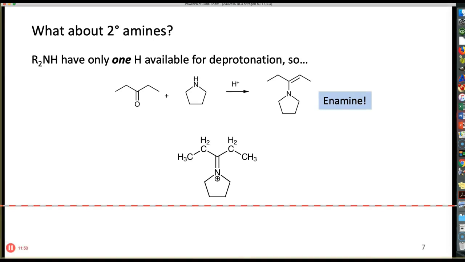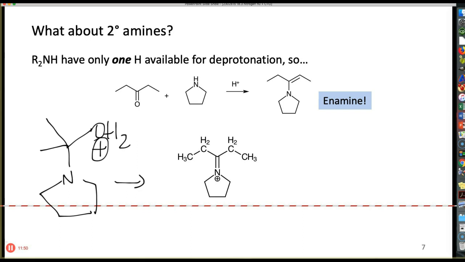We get to this intermediate because we had this. Let's see, make this not too ugly. We'll do it over here. There's our leaving group, and here are our two ethyl groups. So we get to this point, and what happens?